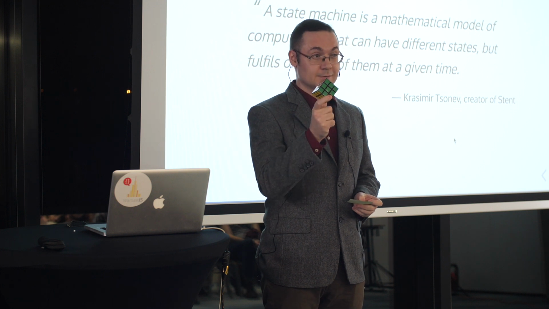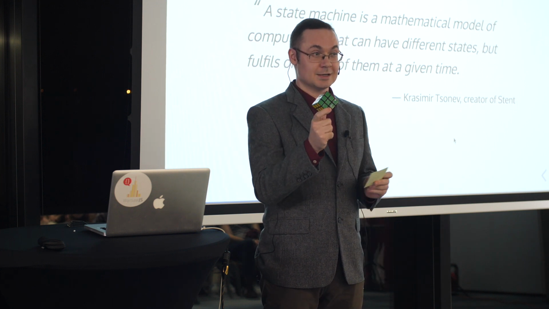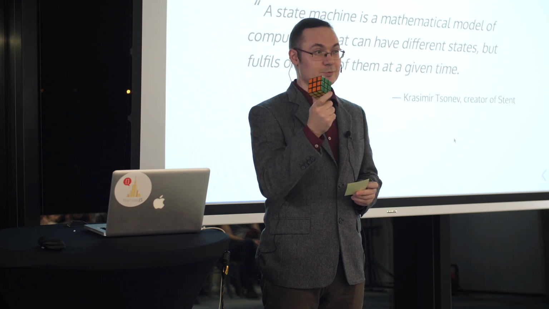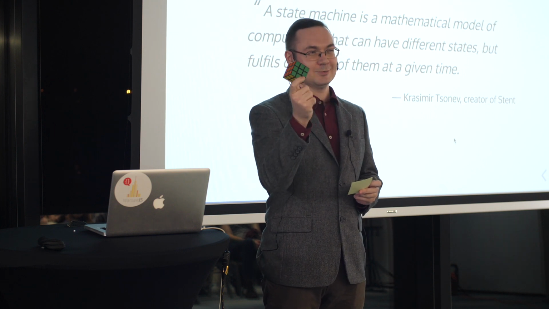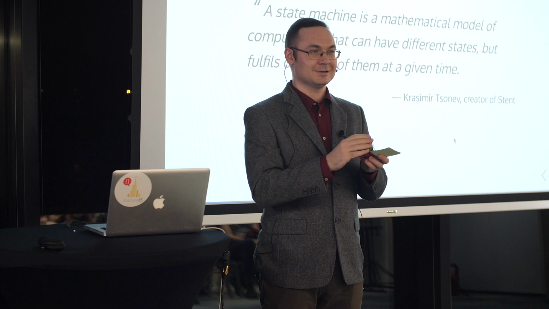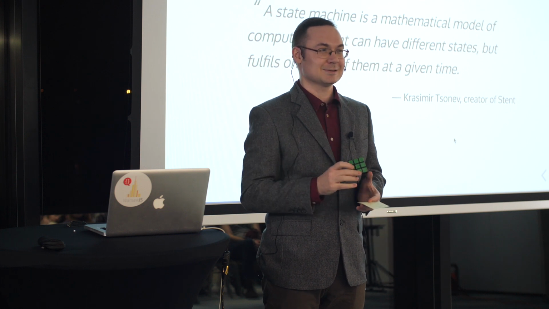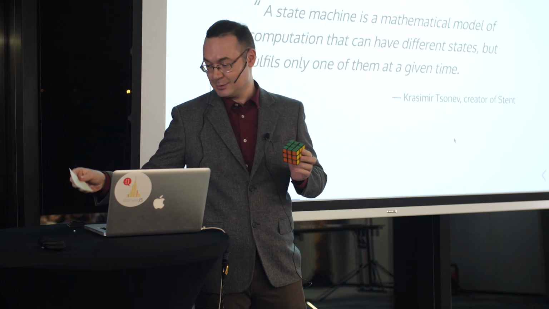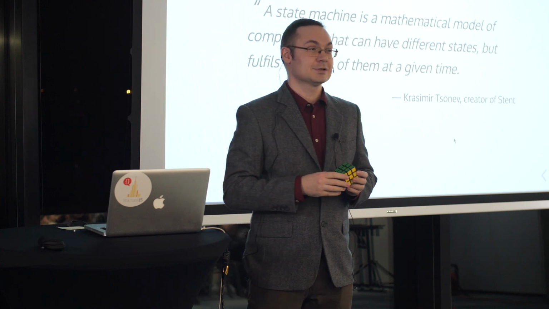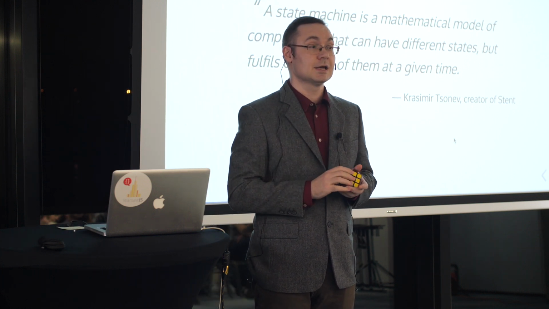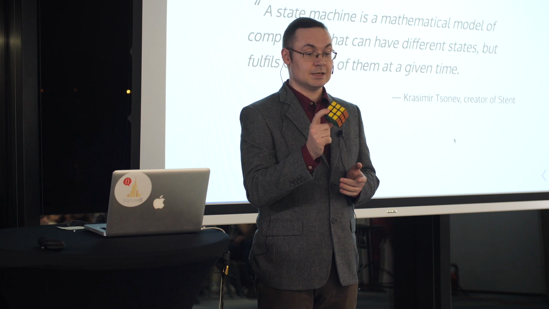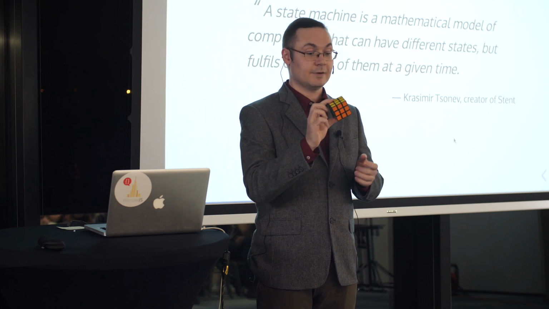It was proved that this is the exact amount of states that a Rubik's Cube can have. I know you can have four tiles on the side, but the classic Rubik's Cube contains this many states. And it has a finite number of actions.